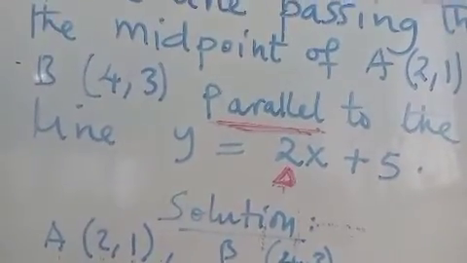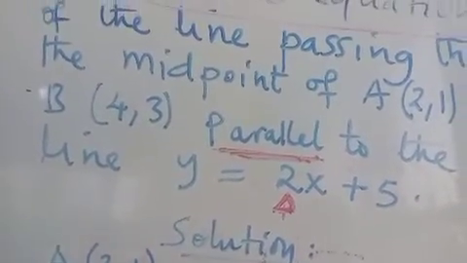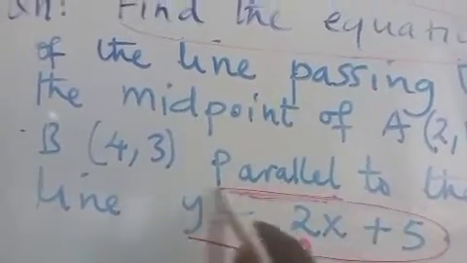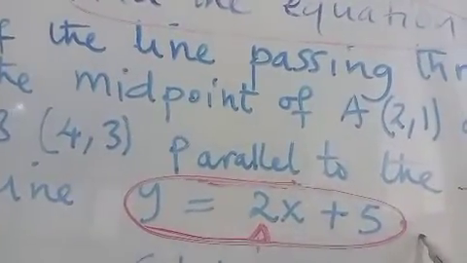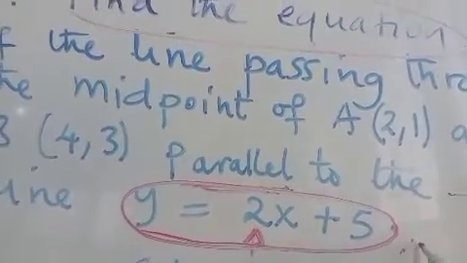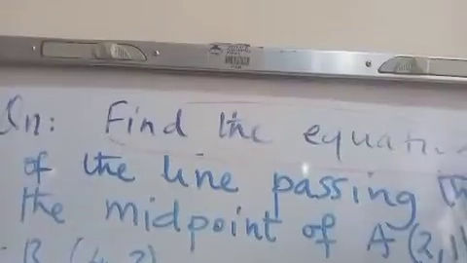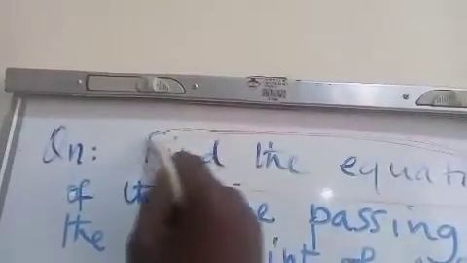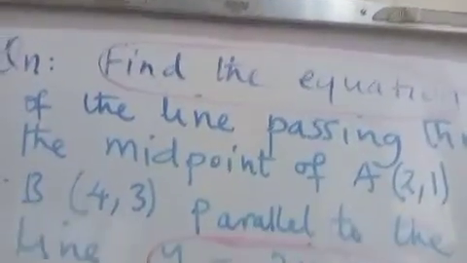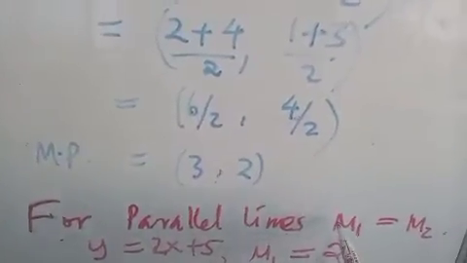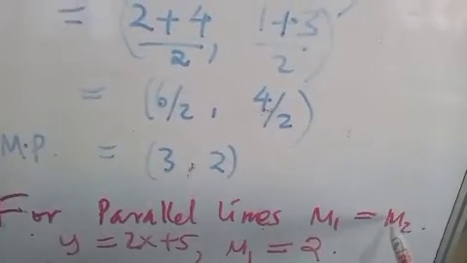If the two lines are parallel, then the slope of line 1 is always equal to the slope of the second line, which is the equation we have been asked to find. Therefore, for parallel lines, slope 1 is always equal to slope 2.